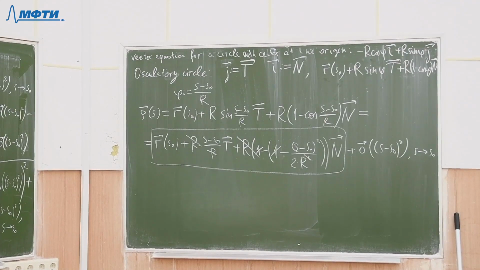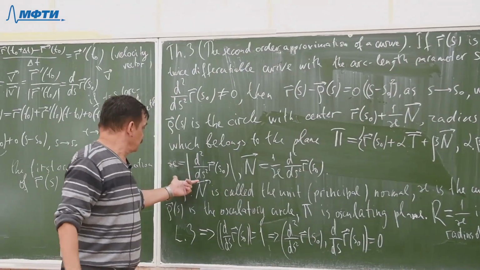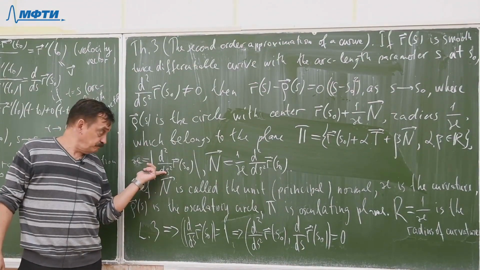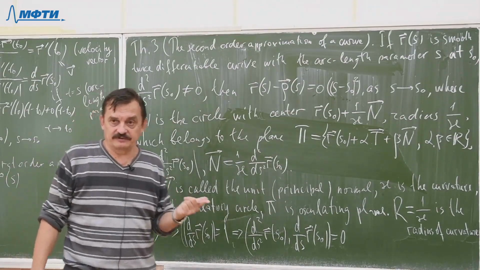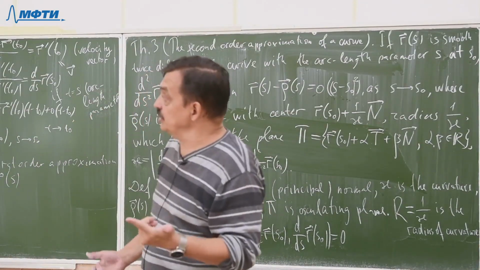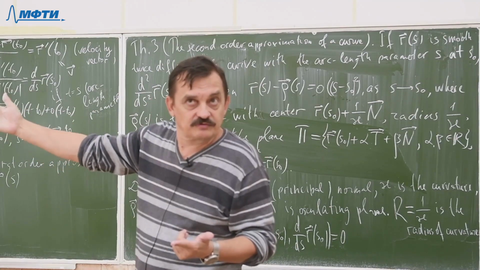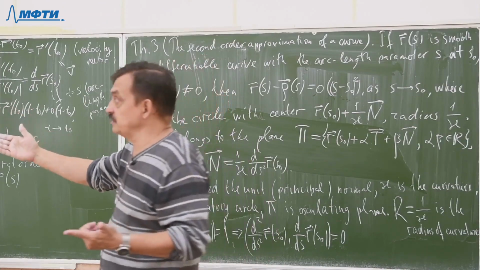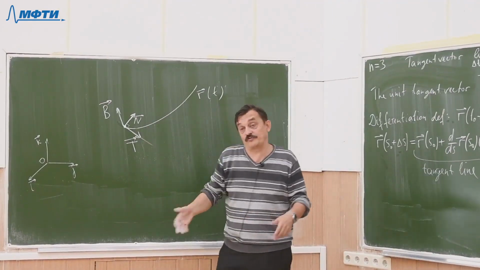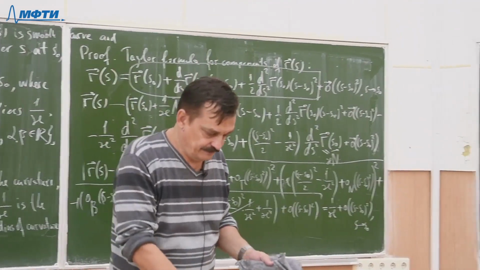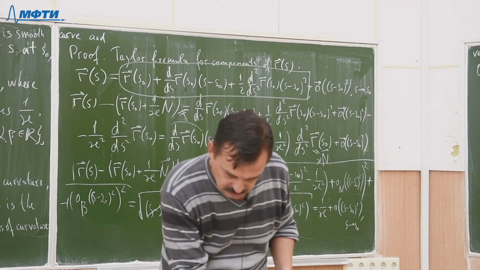Okay. Now, look. We know how to compute curvature in terms of the arc length parameter. But usually we have just an equation for the curve, right? So the question is how to compute the curvature if we don't know the arc length parameter. Of course, you can find the arc length parameter, and then you will obtain the expression which you are interested in.